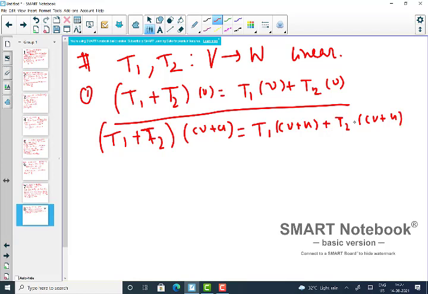But T1 and T2 are both linear, so you will have c T1(v) plus T1(u).